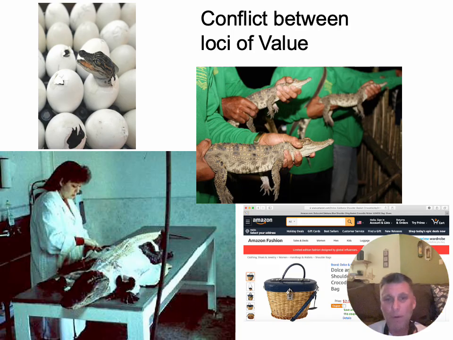This is coming around to what I mentioned when we were talking about croc conservation: crocodilian conservation is this big success story where we're saving species, and we have this incredible track record of helping all the croc species come back from extinction. But that comes at a cost to individuals. Individual crocs are being killed, farmed, skinned. We are here valuing the species over the individual when we take that approach.